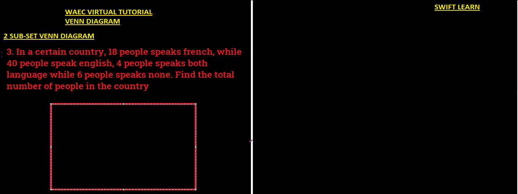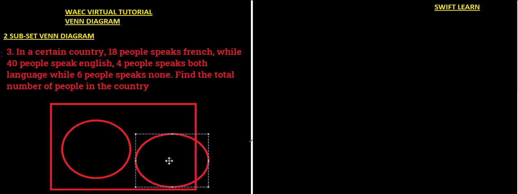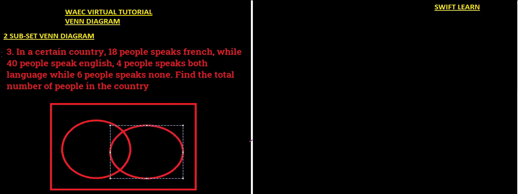So here we have the universal set, which we don't even know, because universal set will be the total number of people in the country. We have French and we have what? English. 18 people speak French, 40 people speak English. 4 speak both languages, while 6 are nowhere to be found. They are not speaking any of them.